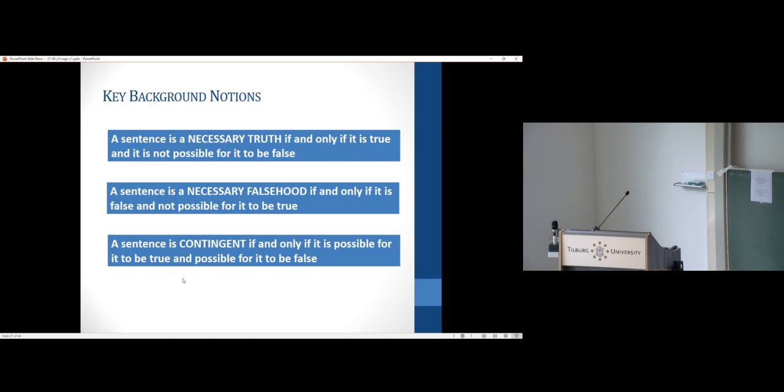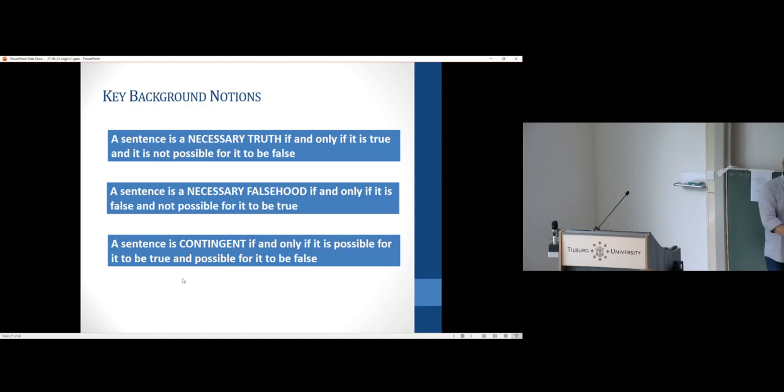Valid argument, because it's impossible to make all the premises true and the conclusion false. It's the same kind of weird edge case, just hinging on, instead of something weird with the premises, something weird with the conclusion. Good.